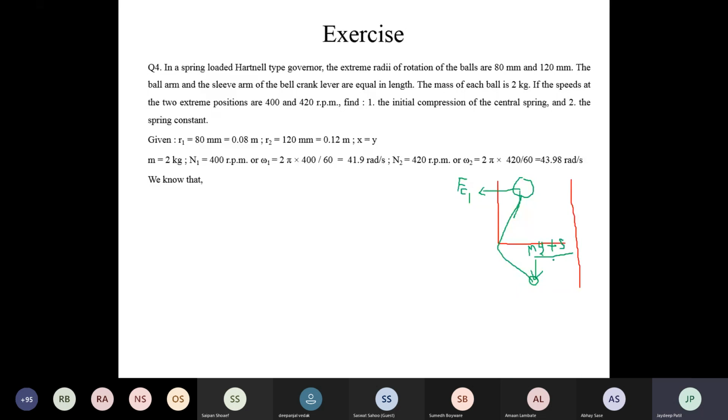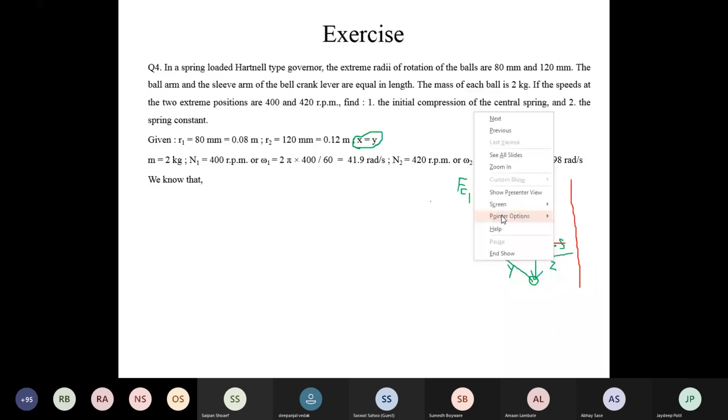divided by 2. Now the length of the vertical arm is x and length of the horizontal arm is y. In the given problem, length of vertical and horizontal arm are given equal. This is for minimum position, and for maximum position, when the speed is increased, the sleeve moves outward direction and the roller moves upward direction.